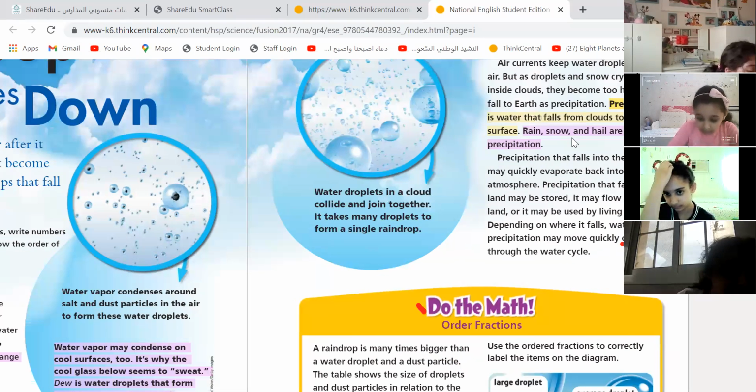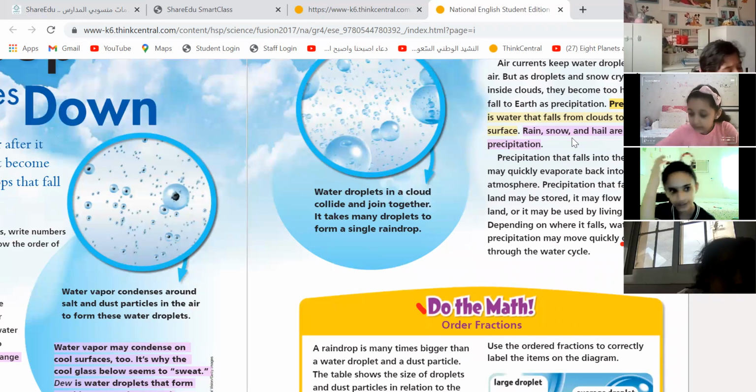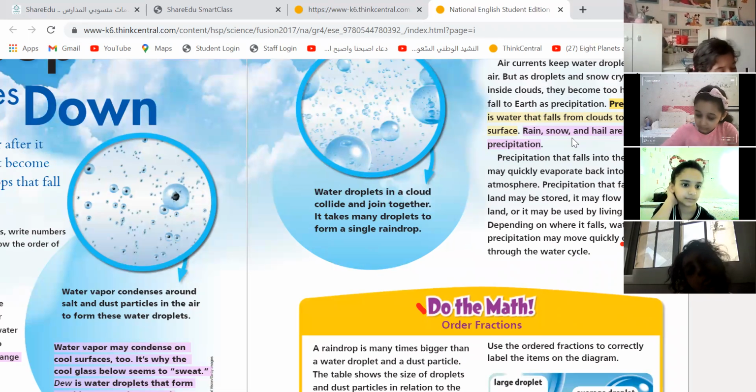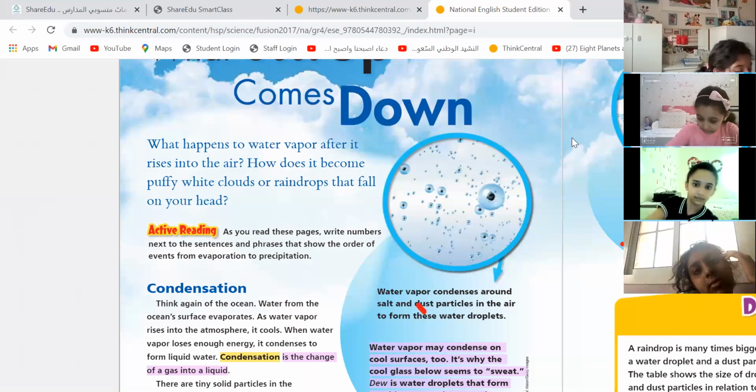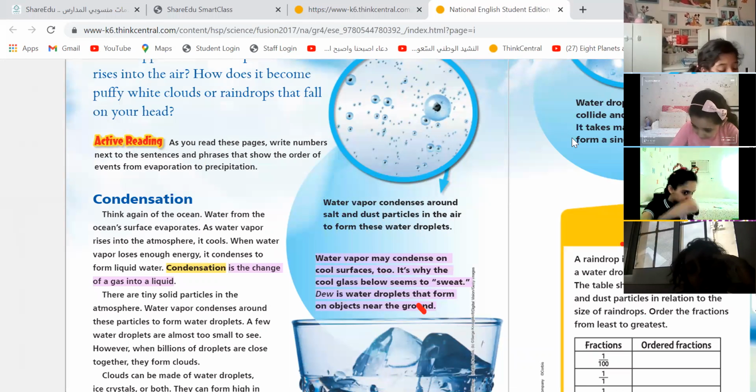Do you understand now? Yes. I think condensation has like two meanings. Okay, tell me, what are the two meanings? I think the first meaning is that condensation makes evaporation.